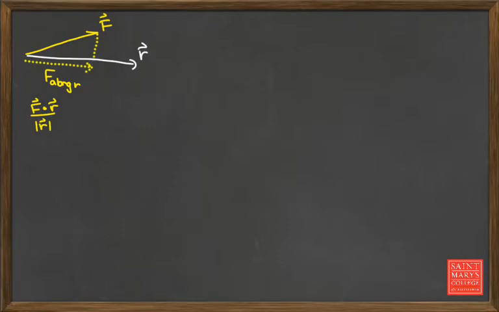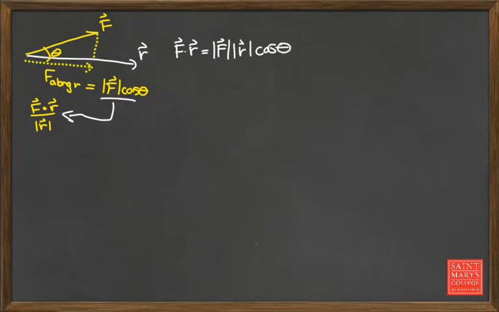Because remember, when we did vector analysis, we said this is the same thing as f cosine of theta, if this guy is theta. But by the rules of the dot product, this is the same thing as that. So just to emphasize this again, f dot r is the same thing as the magnitude of f times the magnitude of r times the cosine of theta, the angle between the two.